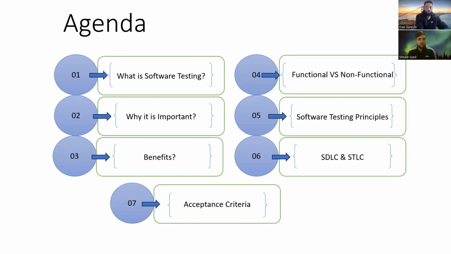Then we'll look into the two main types of testing. One is functional and the other one is non-functional. Then after that, we'll have some testing principles. I believe these are the principles that every tester should keep in mind. So we'll talk about them.